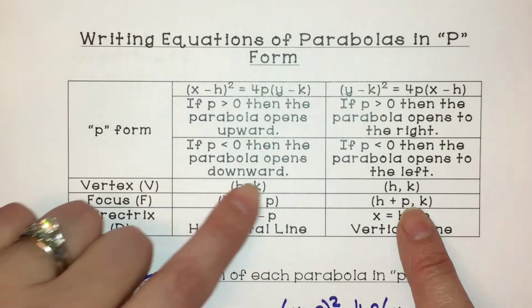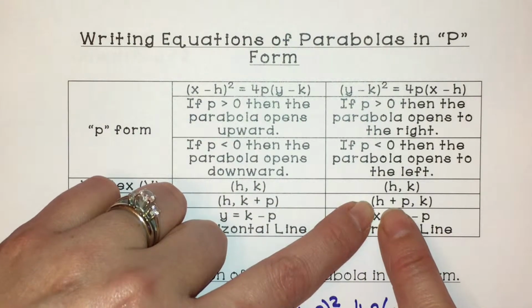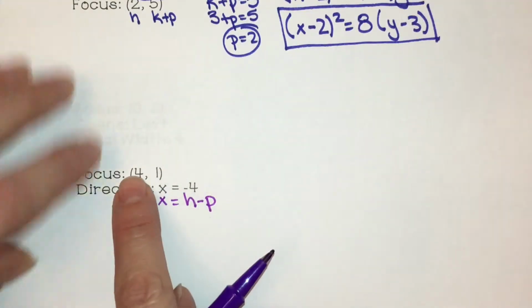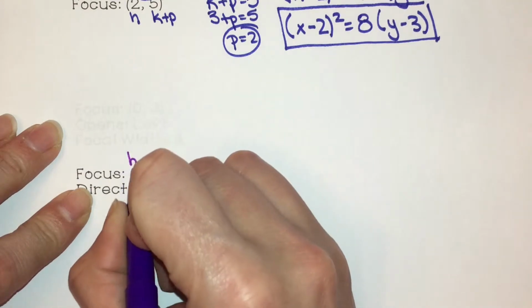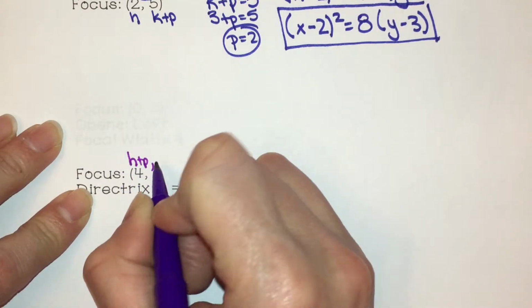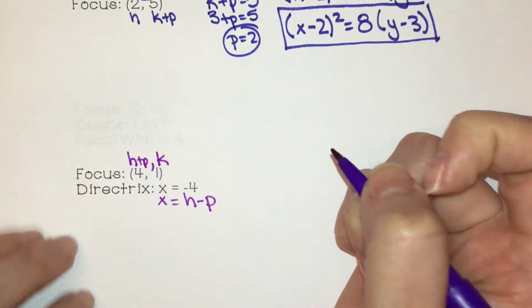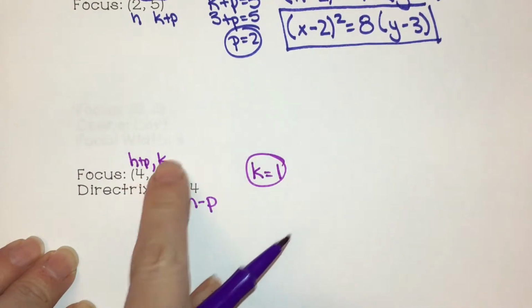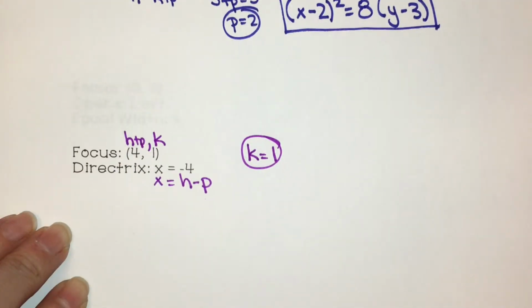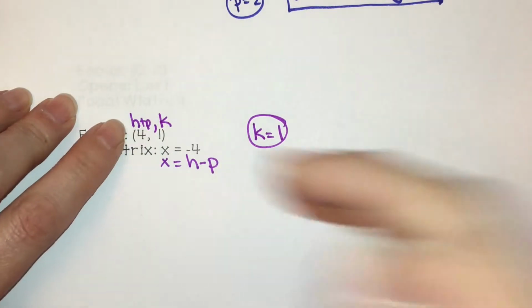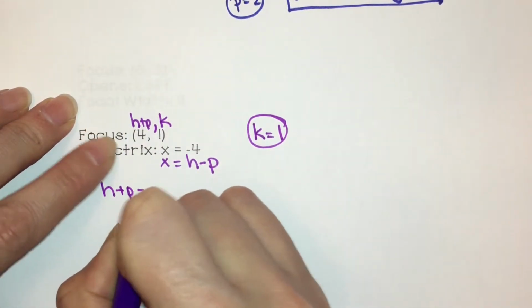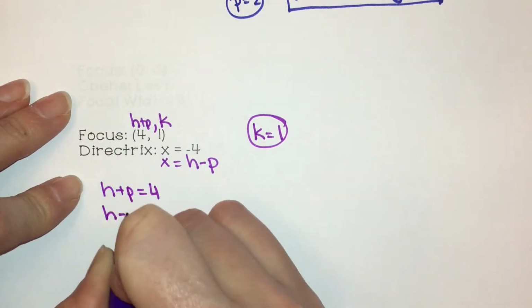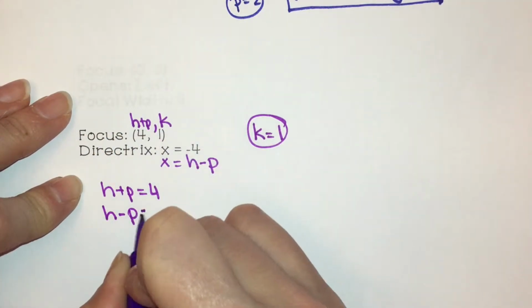So let's look at the focus. We're still over on this side. The focus is h plus p for the x-coordinate, k for the y. I'm just going to write that above it: we have h plus p and we have k. What I know is that k equals 1. I know that from here. I need to know what h and p are. So first, h plus p is equal to 4 and h minus p equals -4.